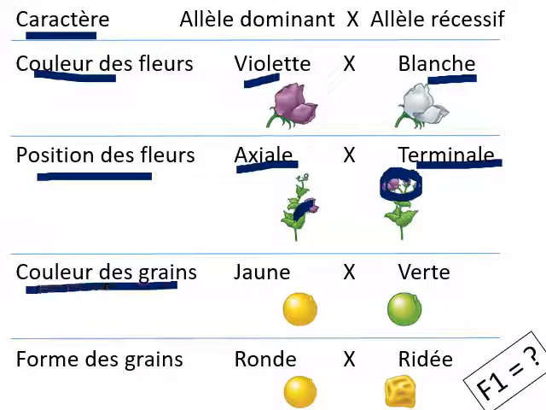The character of the color of the seeds, we can have yellow or green, and the shape of the seeds, round or wrinkled.